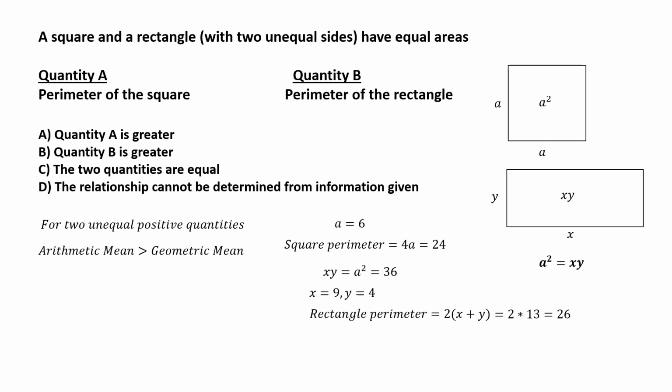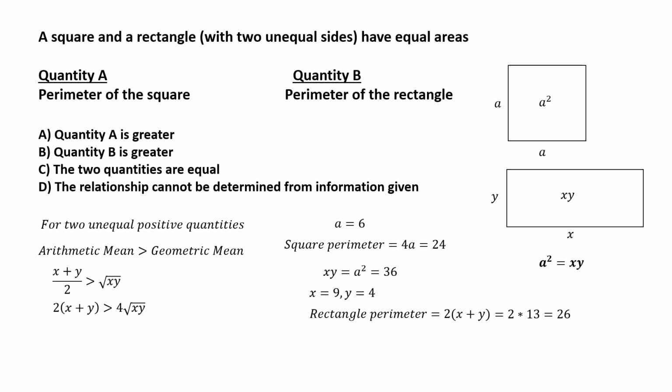And if those positive quantities are the sides of the rectangle x and y, which are given to be different, what is the arithmetic mean of x and y? It's simply x plus y divided by 2. And what's the geometric mean? The geometric mean is simply root xy. Now, if you remember, by the problem, xy was equal to a square, right?